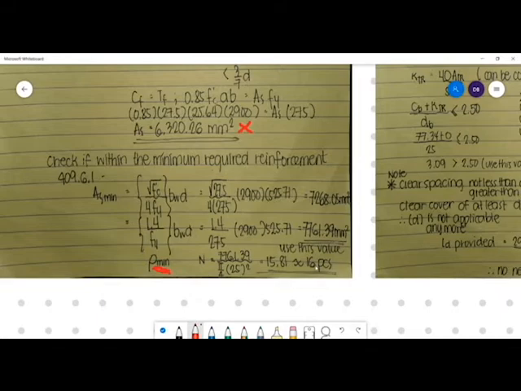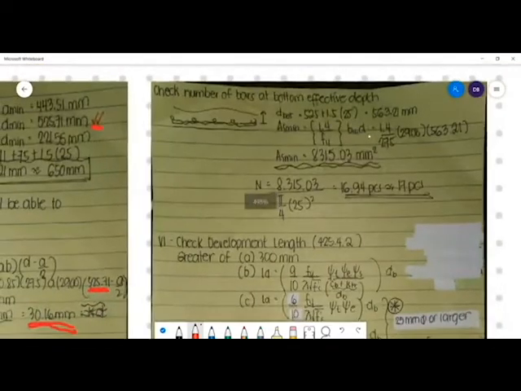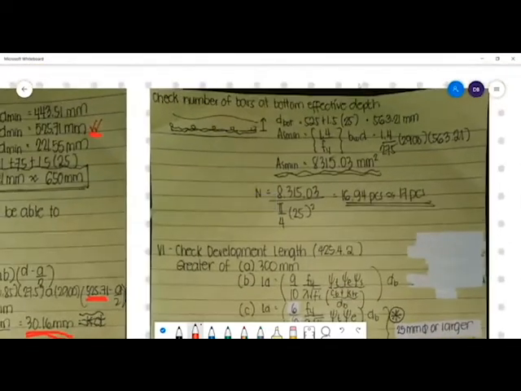Okay, but wait, there's more. If we look at the detail of our reinforcement, yung kinonsider nating minimum depth na 525.71 is just the top bar. Ito yon, bali ito yon. Okay?